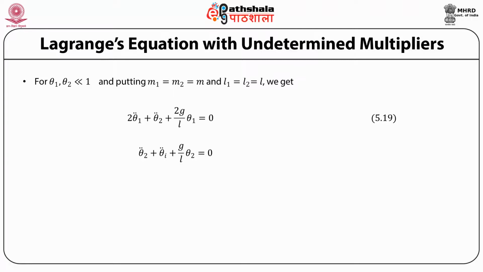We get the equation 2 theta 1 double dot plus theta 2 double dot plus 2g by L theta 1 is equal to 0, and the second equation theta 2 double dot plus theta 1 double dot plus g by L theta 2 is equal to 0. So the set of equations in theta 1 and theta 2 for small oscillations, for the simple case of m1 equal to m2 and the lengths also being equal, is given by these two coupled equations.